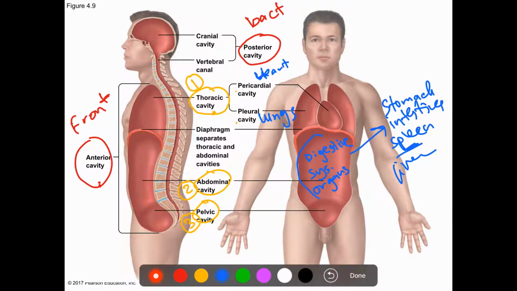All of these are located here. And then within the pelvic cavity, we have organs of the urinary system and organs of the reproductive system. So as you can see, different organs are located within different cavities.